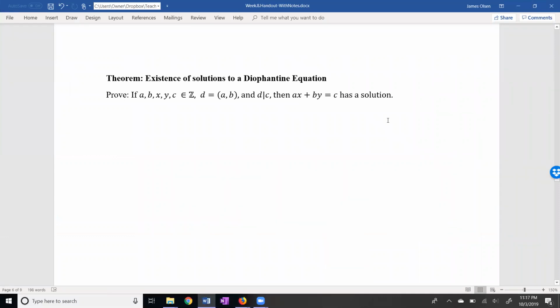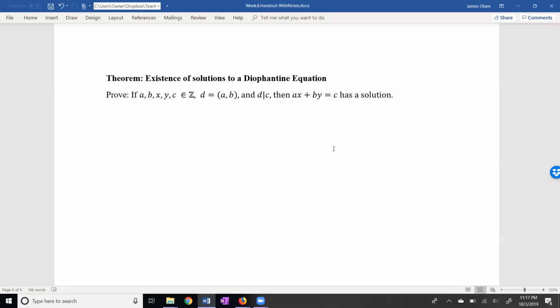Existence of solutions to a Diophantine equation. Of course, we have integers because this is number theory and we work with integers. D is the greatest common divisor of A and B. Furthermore, D divides C. Then my Diophantine equation, AX plus BY equals C, has a solution.